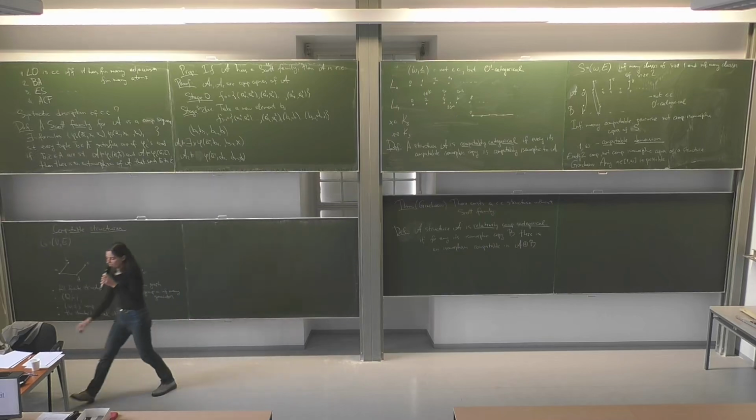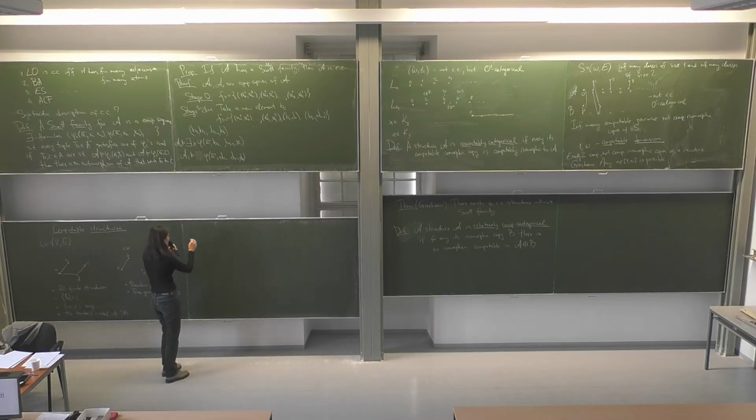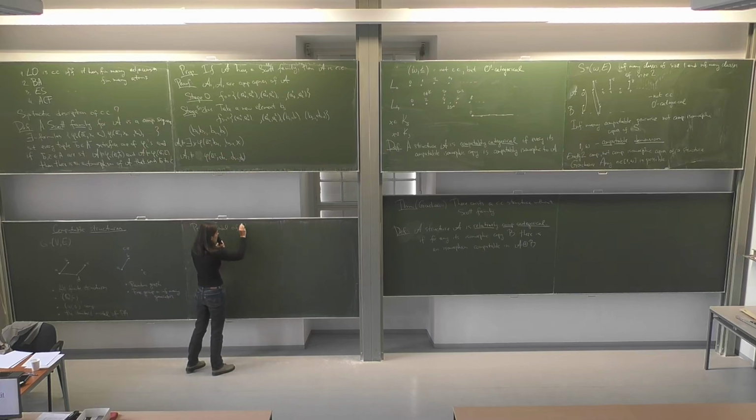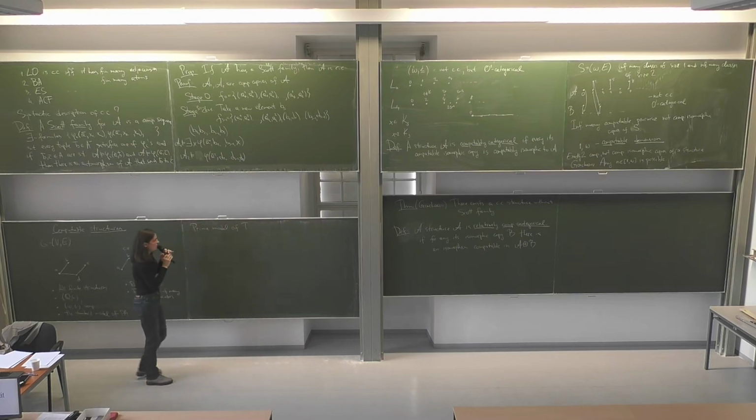Let's say we have prime models and we have saturated models. A prime model of a theory T is just a model that elementarily embeds into any other model. This is the simplest model, model theoretically seen, of the theory T. There is another notion that is equivalent to this one: atomic models.